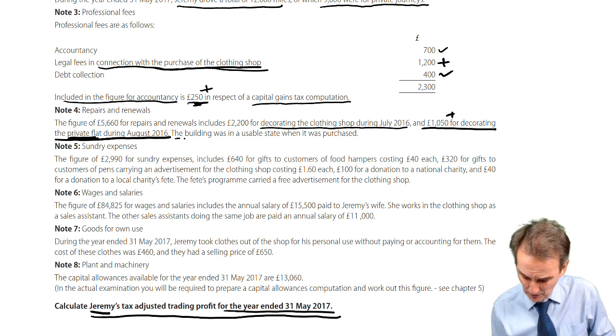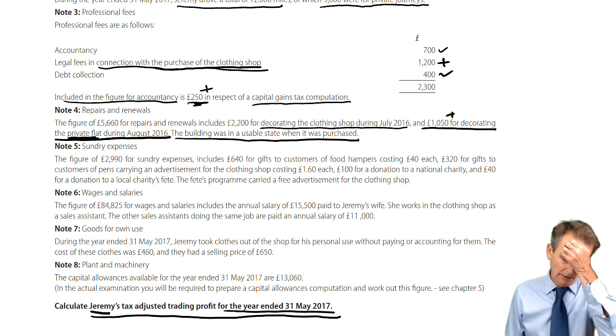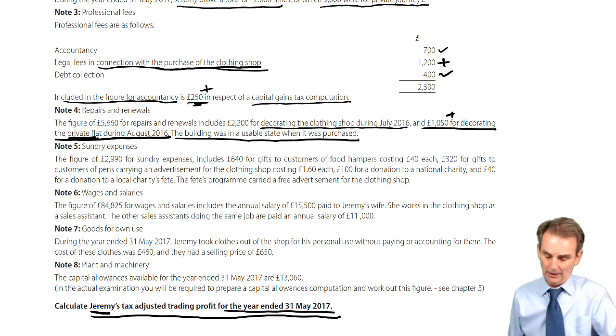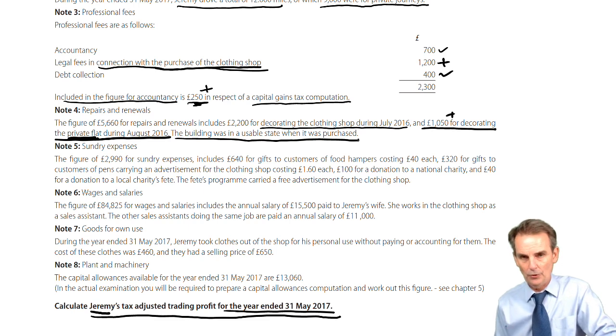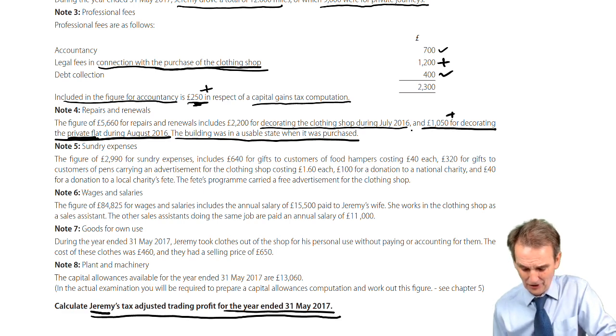We're also told that the building was in a usable state when it was purchased. Now, there is a reason for that. We were told that we just bought the property. Again, we started in there on the 1st of June. We just bought the property, and then after we have just bought it, we've incurred that decorating cost.